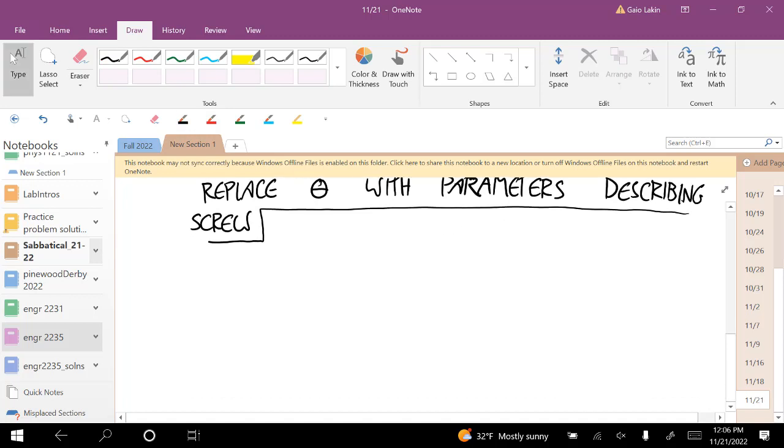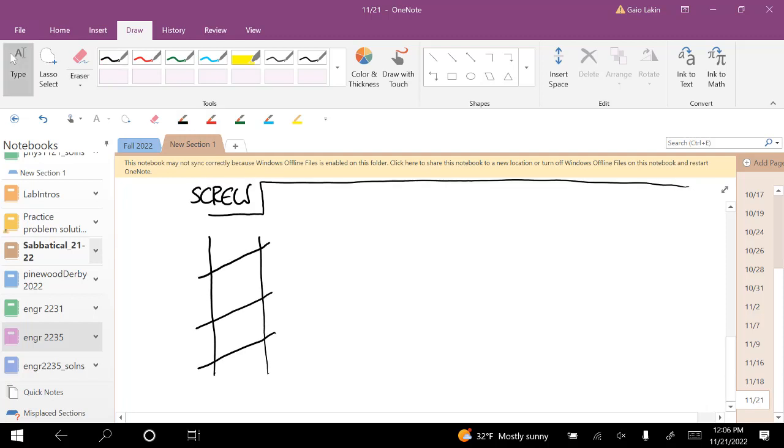Okay, so if you have a screw like this, and these are the threads, the pitch is the distance between the two adjacent threads looking at the same point.